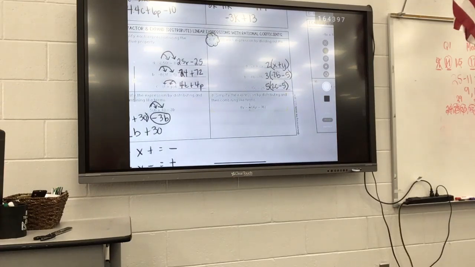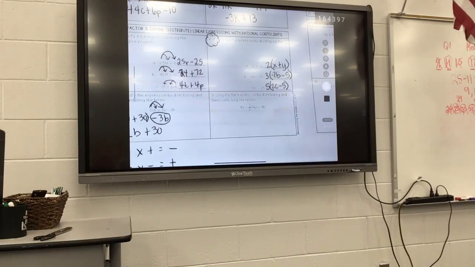All right, simplify the expression by distributing and then combining like terms. So what is different about this one that has not happened in the other 3? What's different about this one? 8y minus half times 4y minus 16. There's another number before the parentheses.